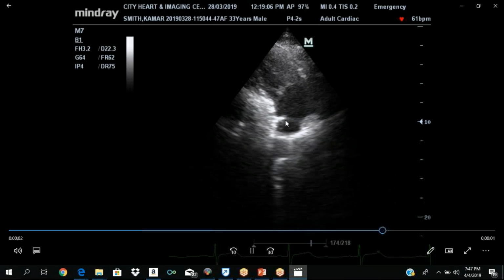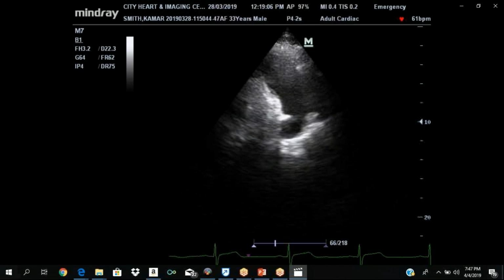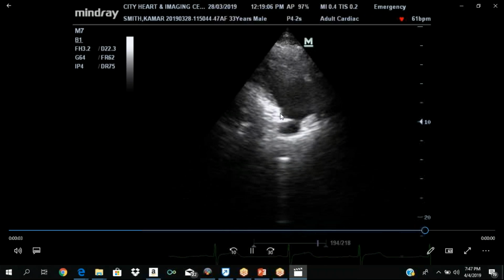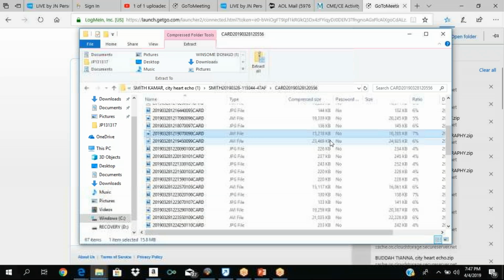This is your eustachian valve right here. The coronary sinus is just above that, and the inferior vena cava is just below. So you have to know your views so that when you start scanning, you can identify things.